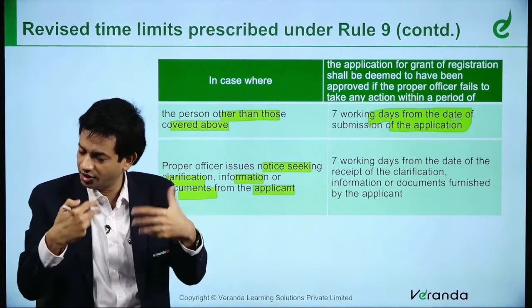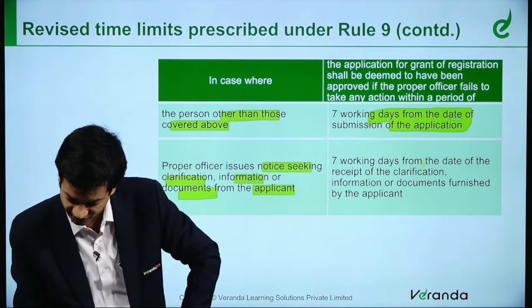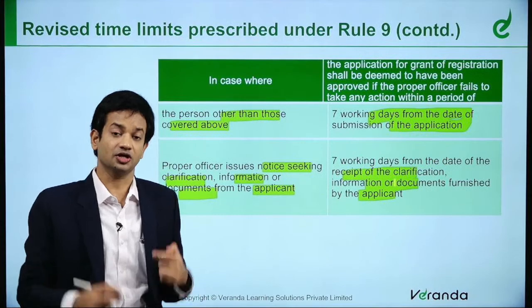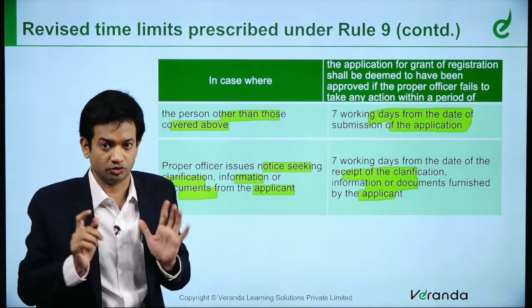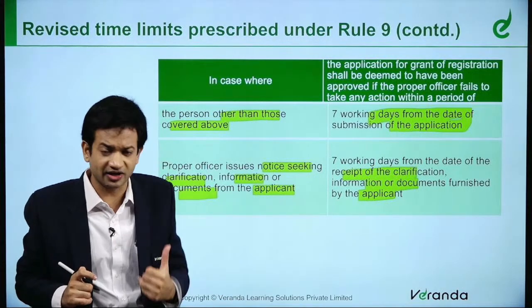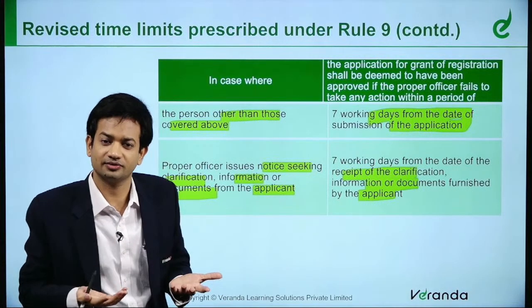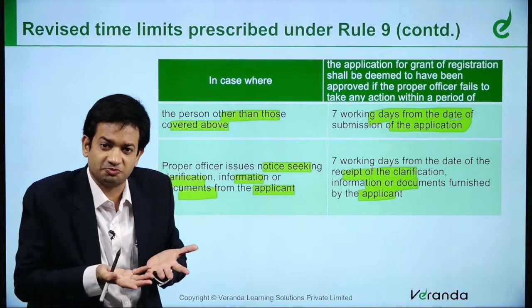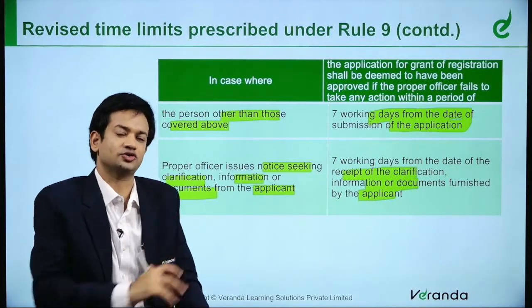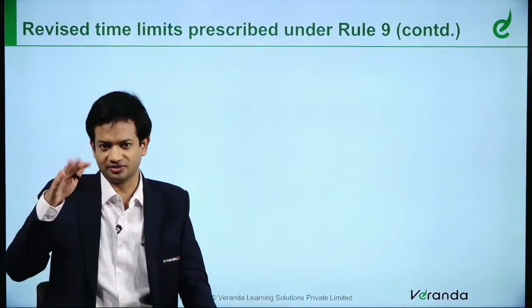If I don't, it is deemed to be approved. So 7 working days from the date of receipt of clarifications or information from the taxpayer, the officer should approve, because it's all 7 days, right? So if there is a deficiency, I should issue a notice within 7 days, and when the taxpayer gives the clarification, again that 7 days comes into the picture, and within 7 days I should approve it. Let's see a chart to summarize the deemed approval.